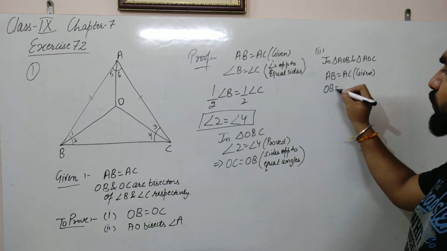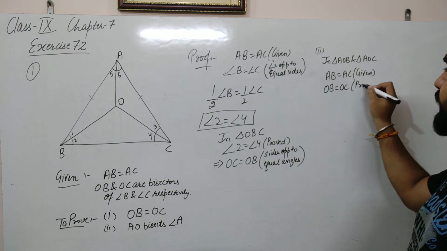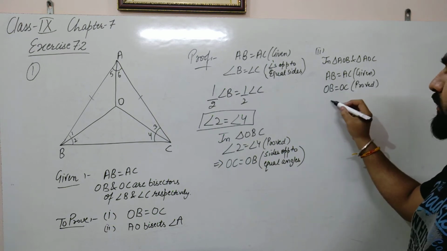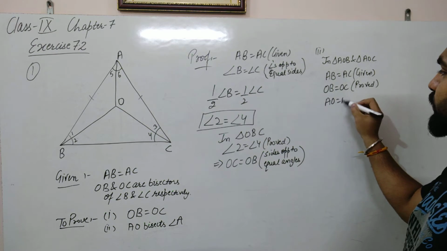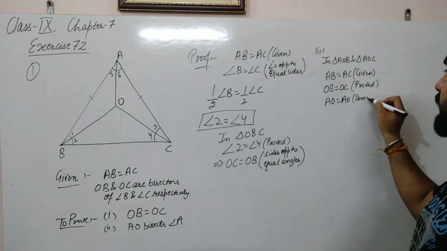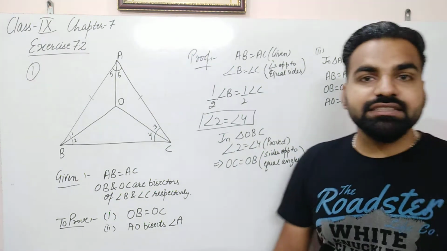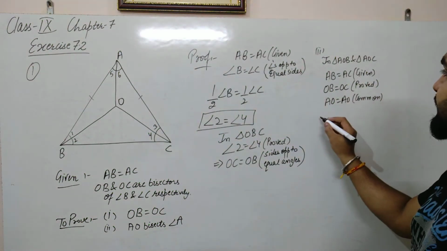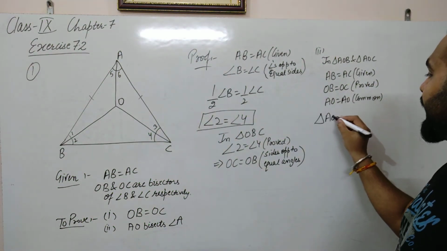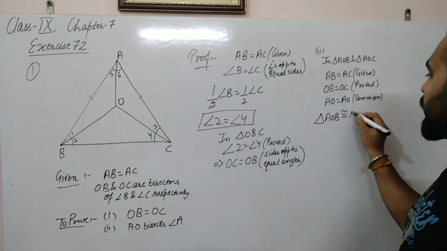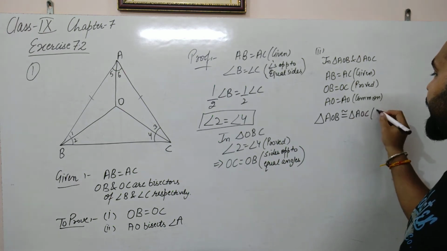OB equal to OC, we just proved, and AO is equal to AO, common. So all the three sides are equal. So by SSS rule, triangle AOB is congruent to triangle AOC.